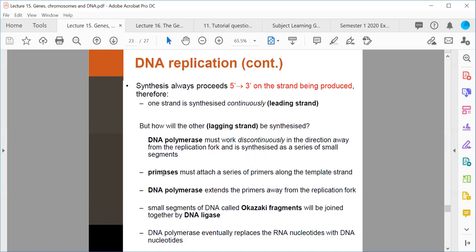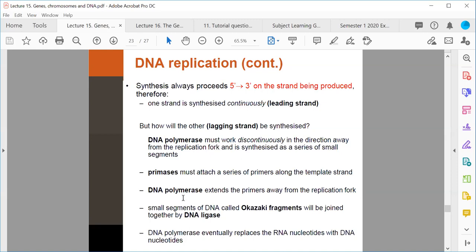To enable that to occur, the primase enzyme has to attach not just one RNA primer, but a series of RNA primers along that template strand as the double-stranded DNA unwinds.